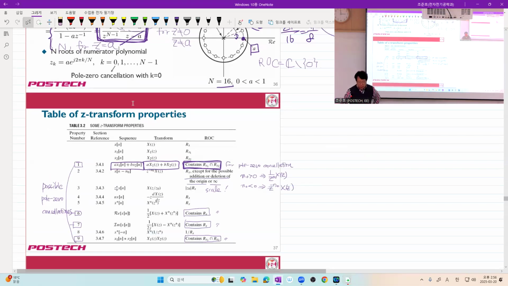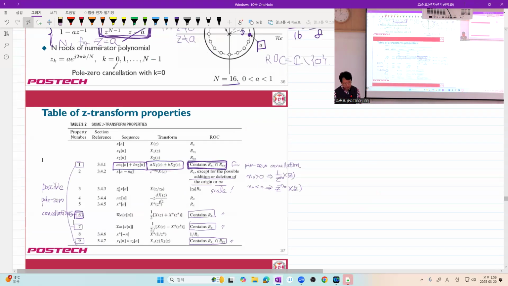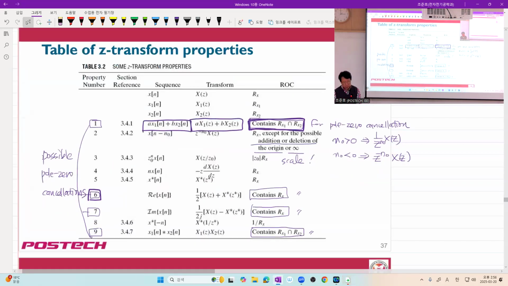Okay, what else? Now let's take a look at the sixth property. Let me magnify. Suppose capital X of n sequence has Z transform capital X and region of convergence capital R sub X. Now, we assume this signal is complex valued.